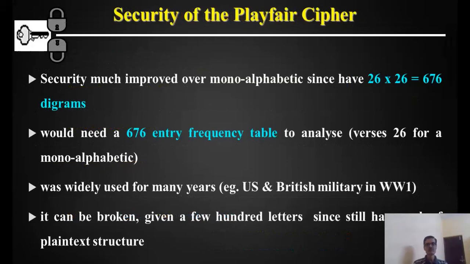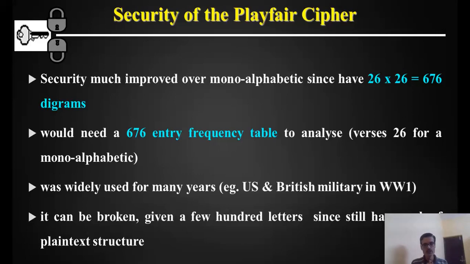Now, in what way can I say that the security of this one is improved? Because now you have a total of 676 possible digraphs, pairs of two letters. So you have to have a 676 entry frequency table to analyze, versus only 26 alphabets that we had earlier in the monoalphabetic cipher.